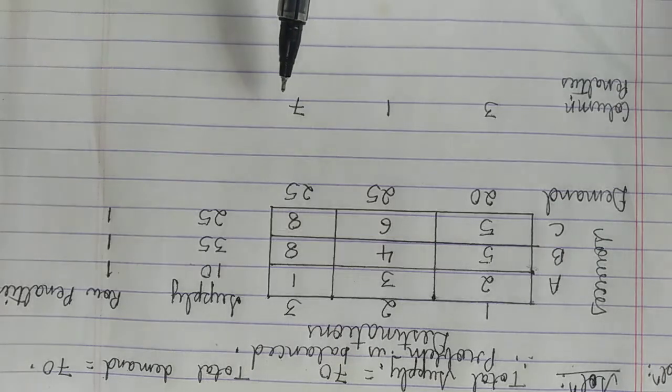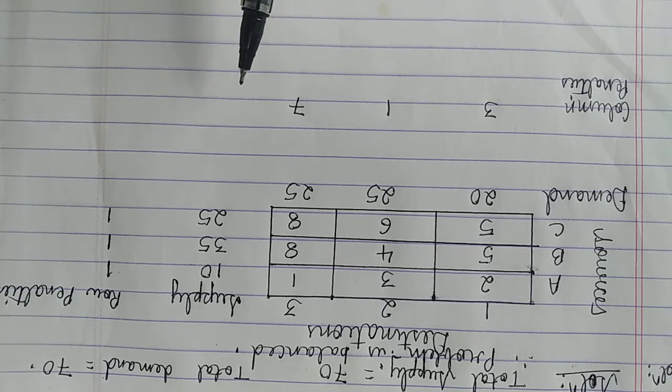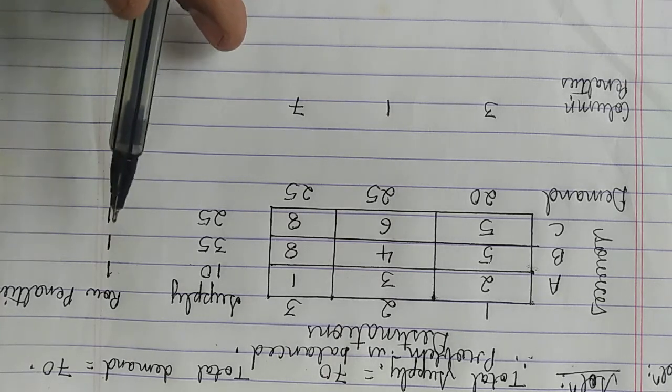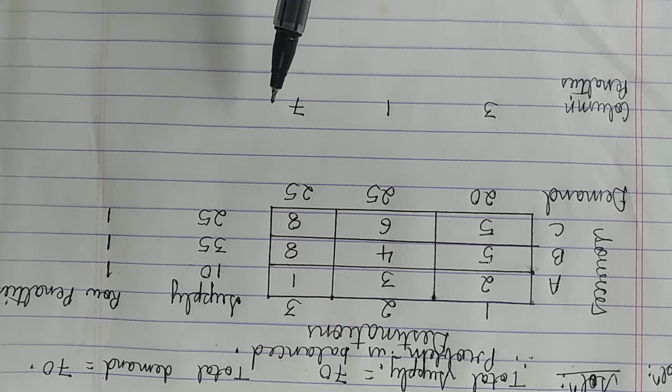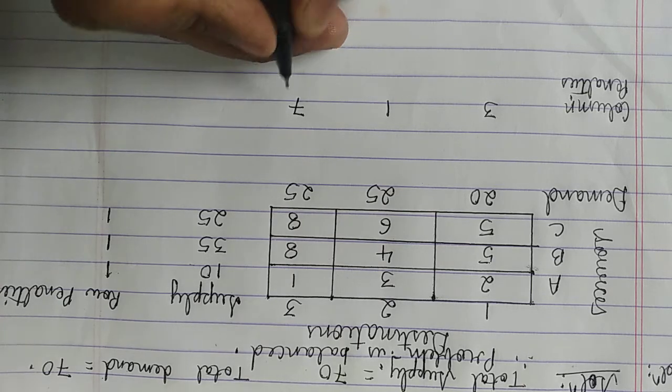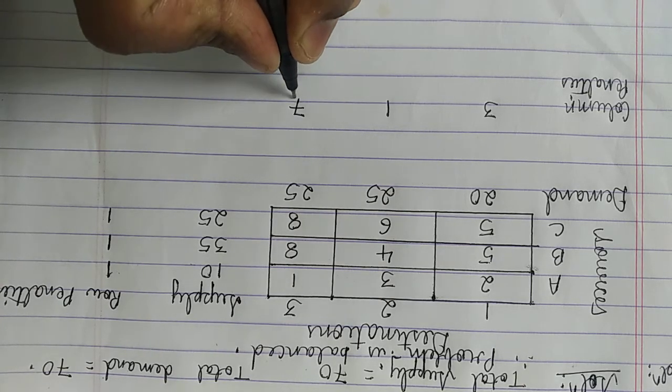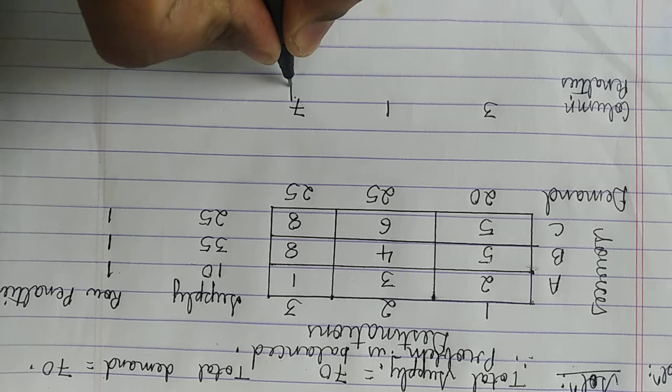Once we find row penalties and column penalties, we have to find the highest penalty out of these. Which is the highest penalty? Here 1, 1, 1, and 3, 1, 7. Out of all these row penalties and column penalties put together, you have to find the highest penalty. Your highest penalty is this.